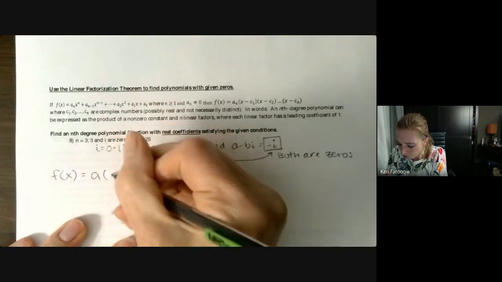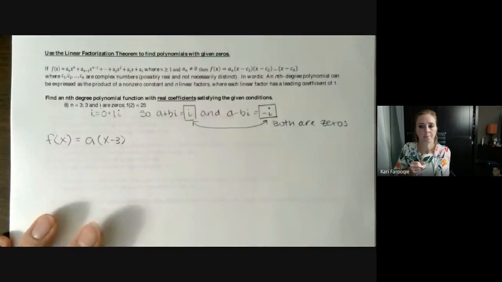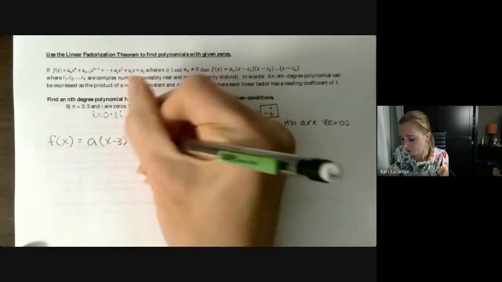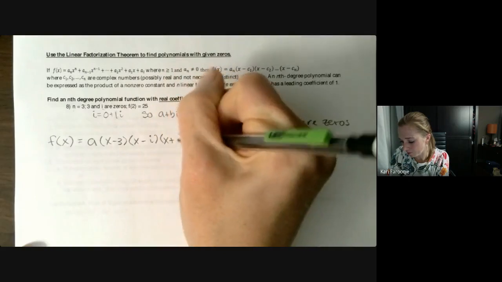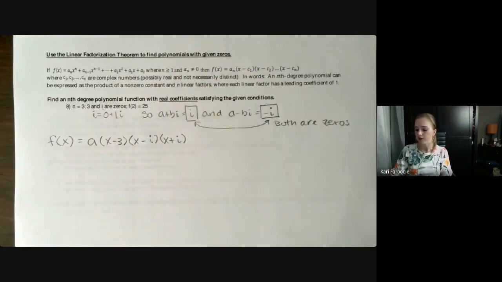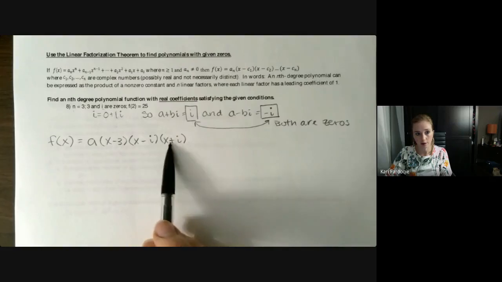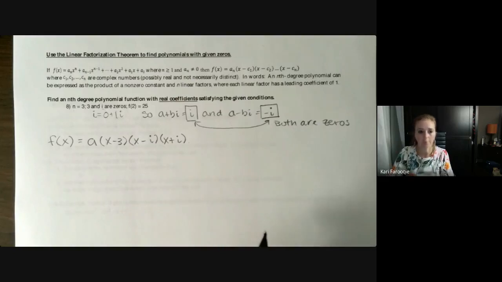We have a 0 of 3. So we have a factor of x minus 3. And then we need to think about our complex zeros, x minus i and x plus i. Now, technically, this would just be x minus 0i and x minus negative i, but x minus negative i is just x plus i.